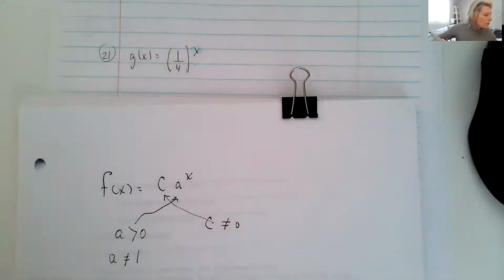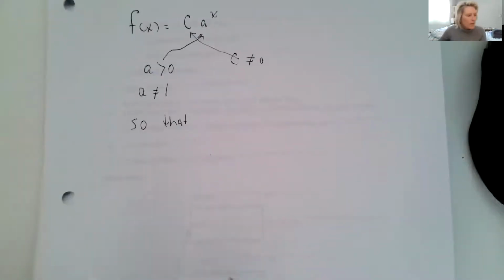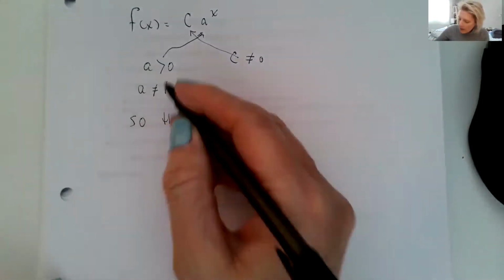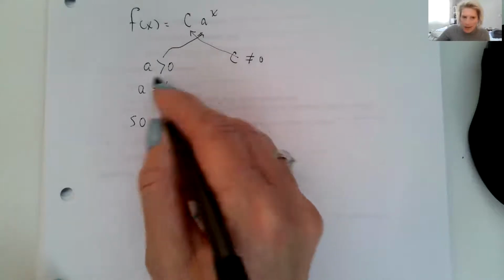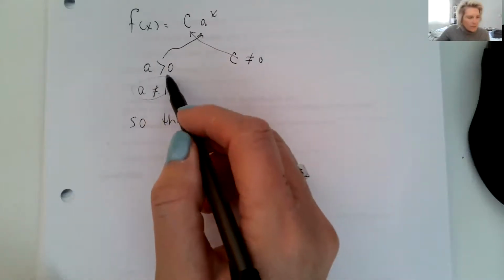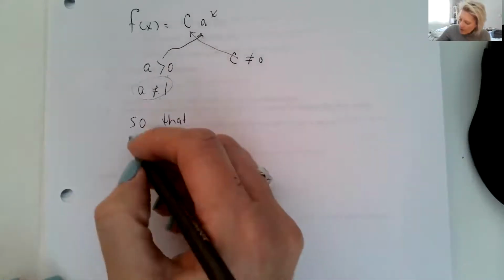So in your book on page 333, it goes through a couple of situations. Let's first look at where a has to be greater than 0, but it can't equal 1.